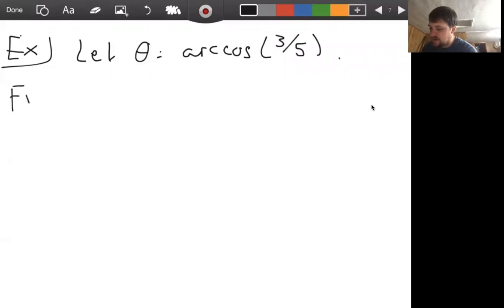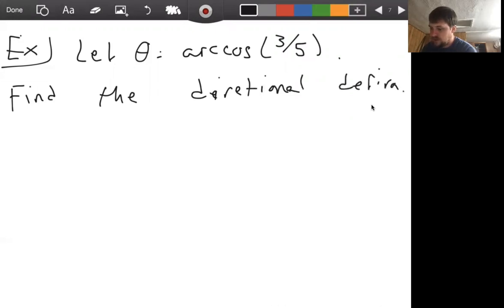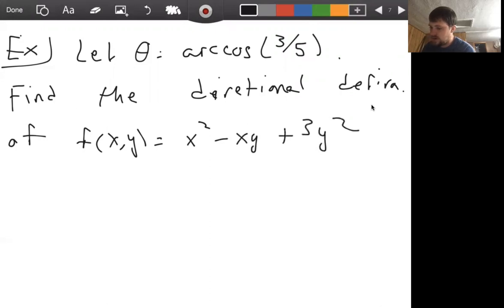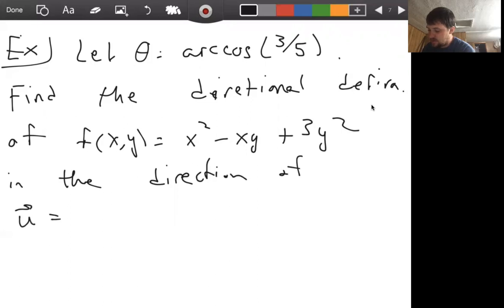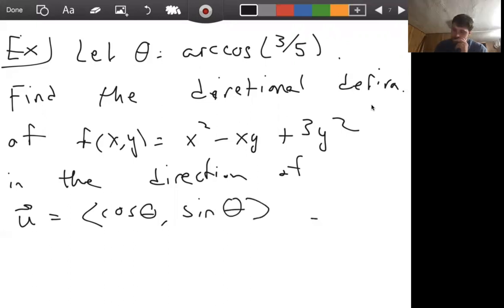We want to find the directional derivative of f of xy, which is going to be the function x squared minus xy plus 3y squared, in the direction of u, which is, again, we'll just write cosine theta, sine theta. Okay? And so we need the directional derivative.